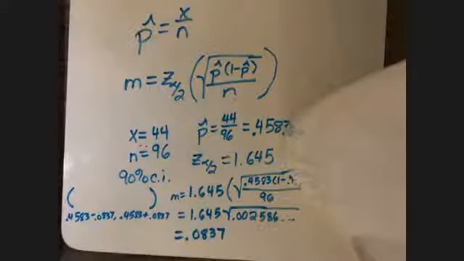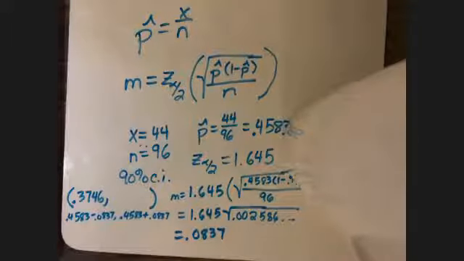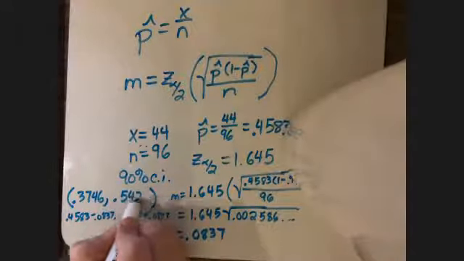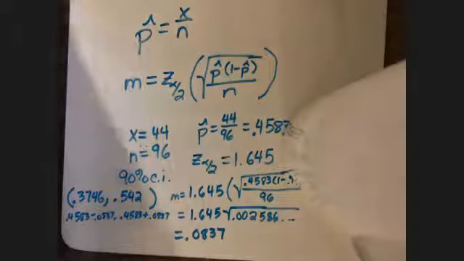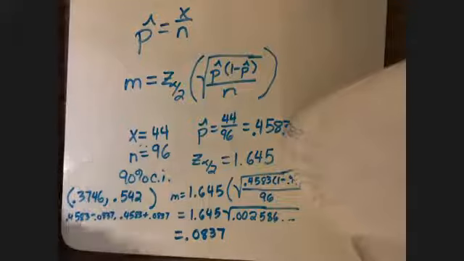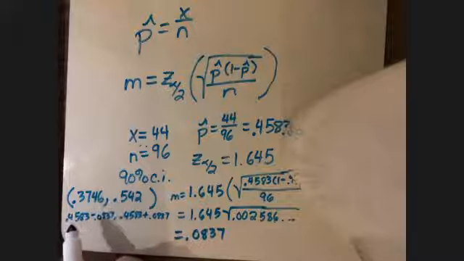So those two values are going to give me 0.4583 minus 0.0837, which is 0.3746, and 0.542. So this is now our confidence interval, the same way that we made one in the last one.